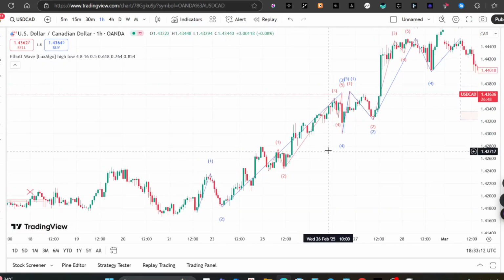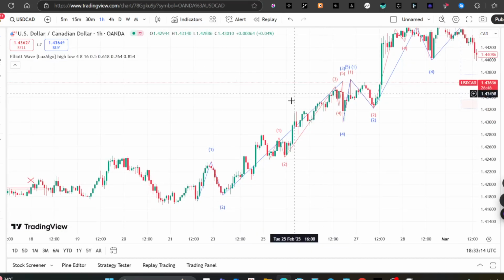For example, using volume analysis, moving averages, or oscillators can give you a clearer picture of whether a trend is likely to continue or if truncation is setting up a reversal. Remember, no single indicator should be used in isolation. Always combine multiple tools for a more complete view of the market.